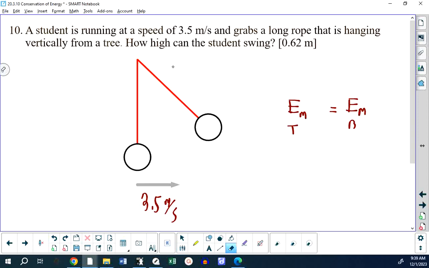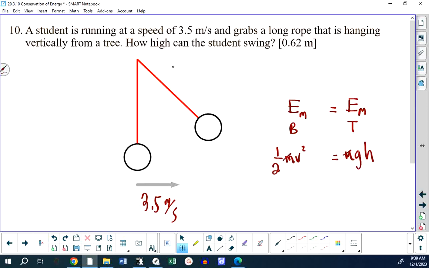I'm going bottom to top, so I'm going to put mechanical energy at the bottom to begin with equals mechanical energy at the top afterwards. I'm just saying E_i equals E_f. This is 1/2 mv squared, and this is mgh.